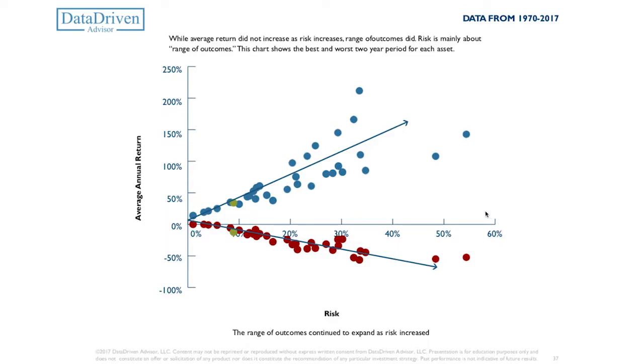As you increase risk, you increase your upside periods and you increase your downside periods. Armed with the knowledge that after 10% risk, you are not increasing expected return, you are merely increasing range of outcomes, we are encouraged to lower risk and target a portfolio with risk somewhere around 10%.